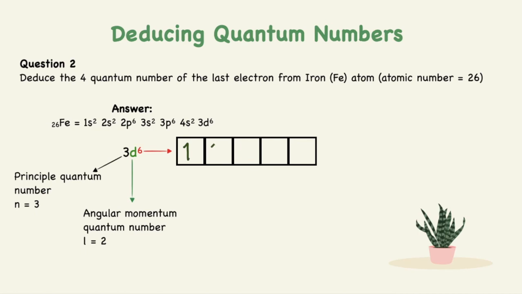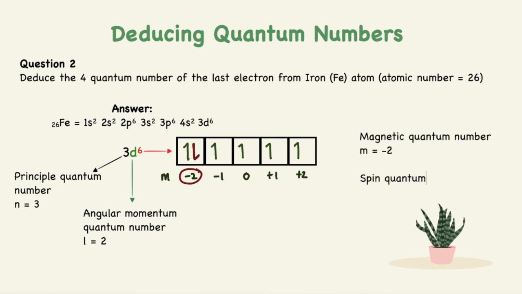We put the 6 electrons into each orbital one by one first, and m can be 0 in the middle, negative to the left, and positive to the right, and our electron ends in minus 2. So m will be minus 2, and the spin will be minus a half because it is spin down.